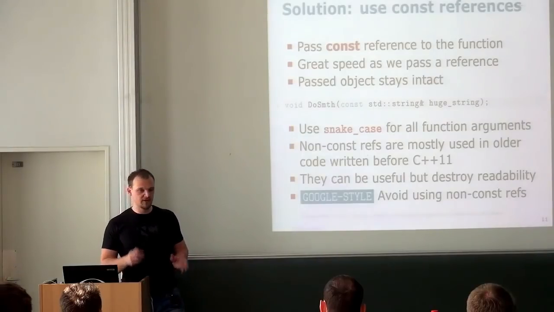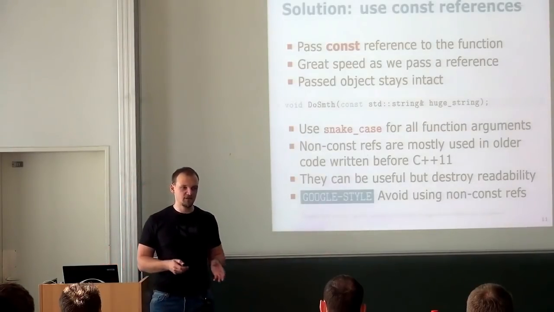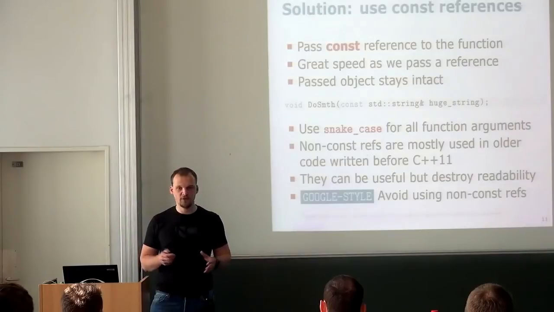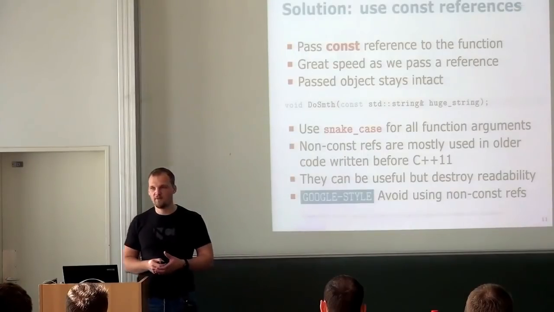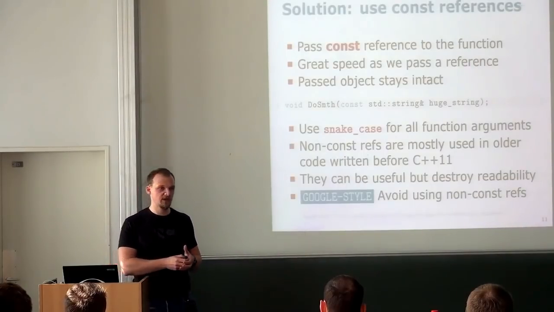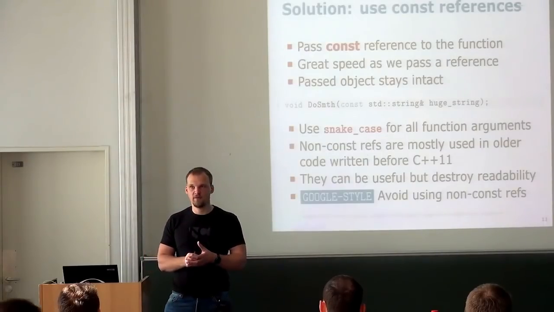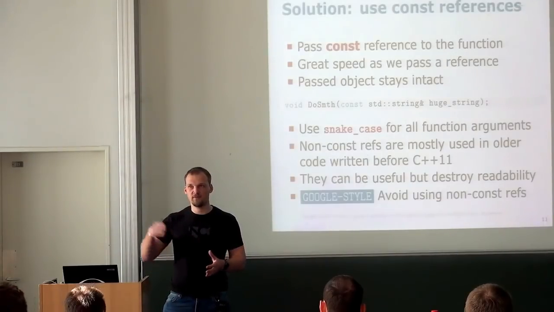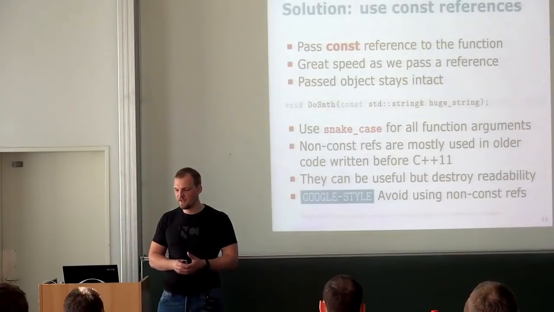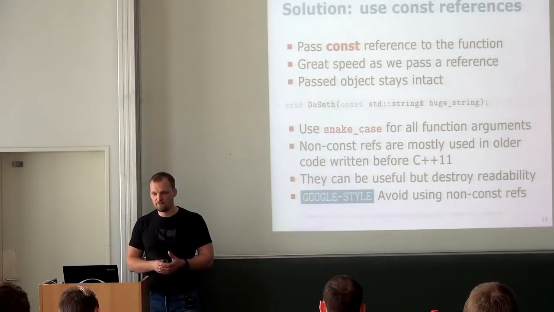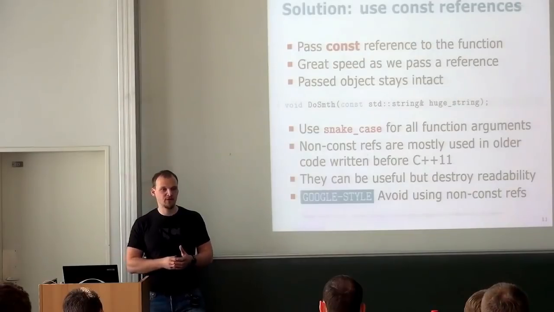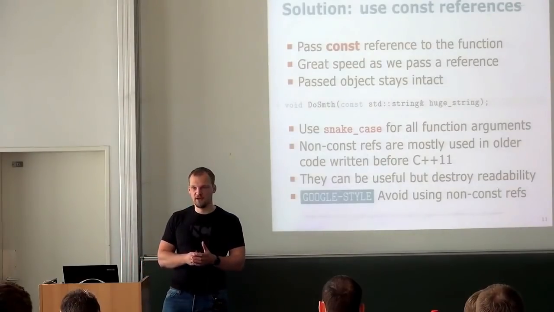Right, so there are still some use cases to use non-const references in your function, and you will see that if you look at the older code. So the code that was before C++11, C++11 has changed the way things are copied. We will talk about it either on the next or one further than that lecture. In C++11, there is almost no reason to do it anymore.